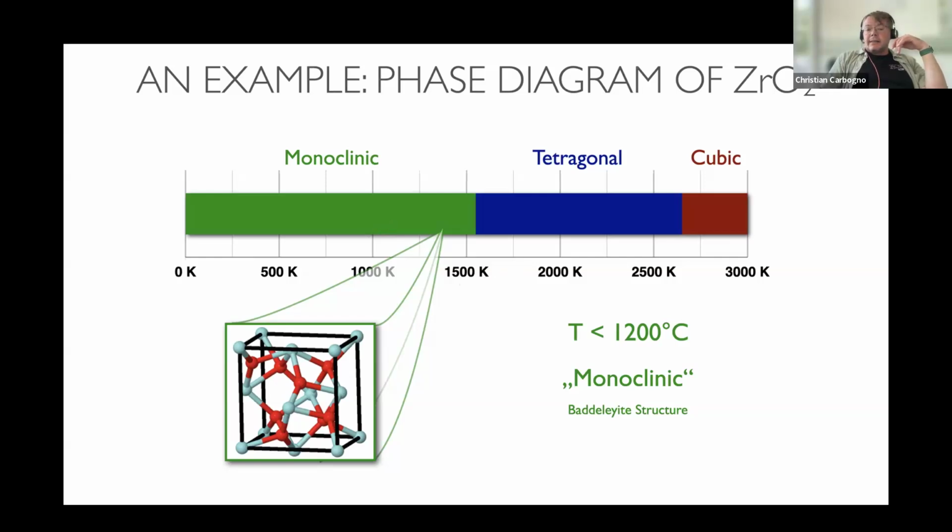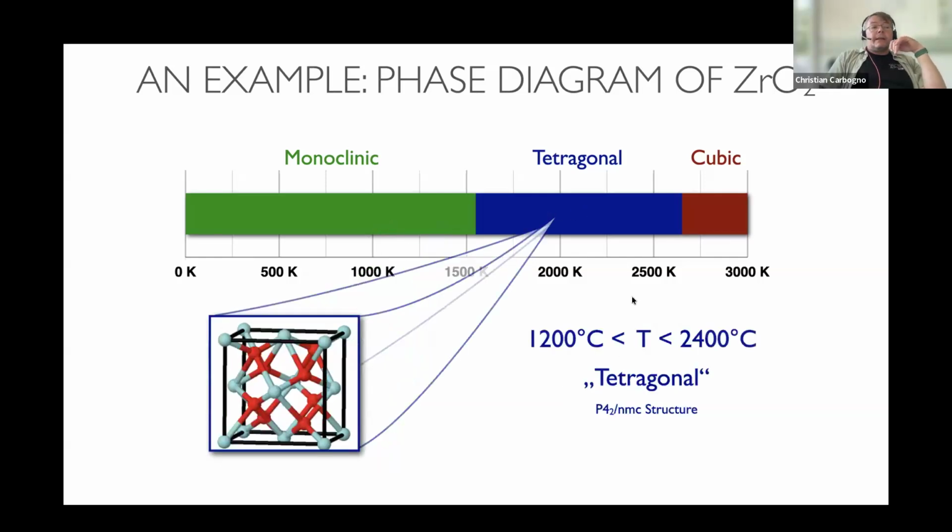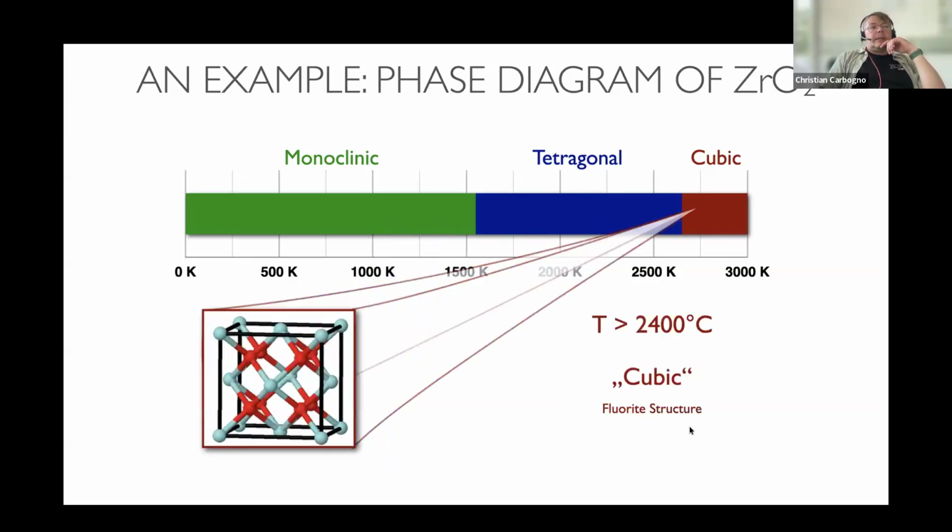If you heat it up, you end up in a tetragonal structure. This is a little bit more symmetric, but it's still tetragonal. You see the oxygen atoms are pairwise displaced here. If you go to even higher temperature, what you reach is a cubic structure, a so-called fluorite structure, in which all atoms essentially are on high-symmetry positions.